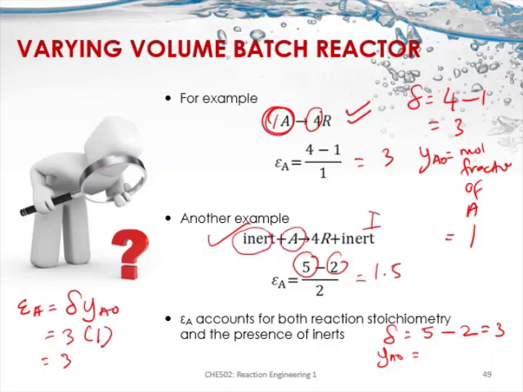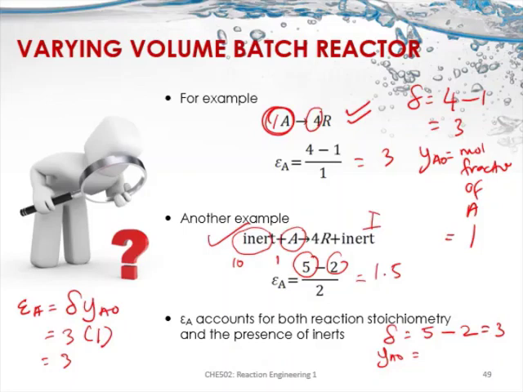If it were stated that reactant A is fed to the reactor with excess inert, and the inert is 10 times the concentration of A, then this is 10 and this is 1. It's not following the stoichiometric number.